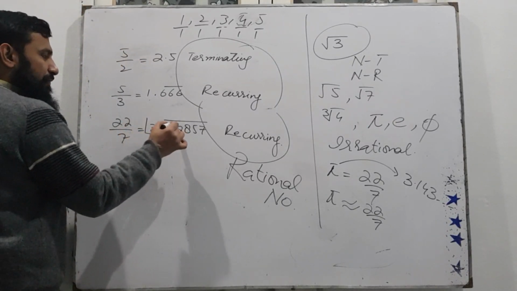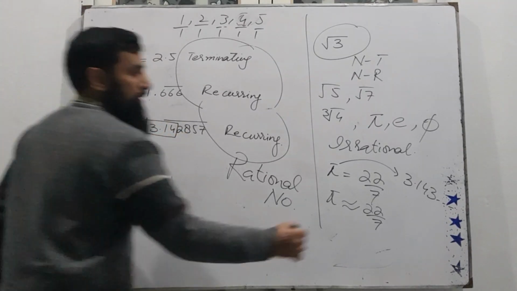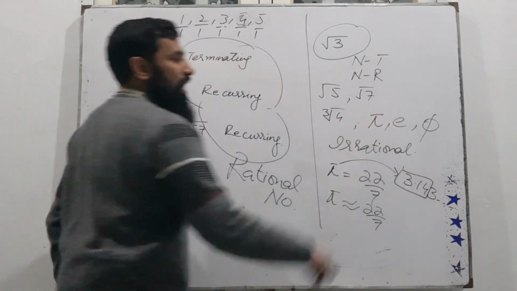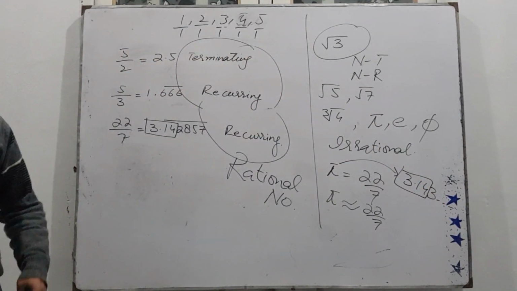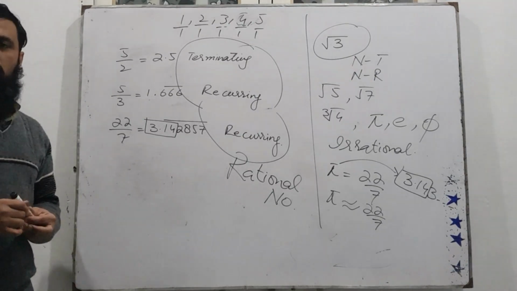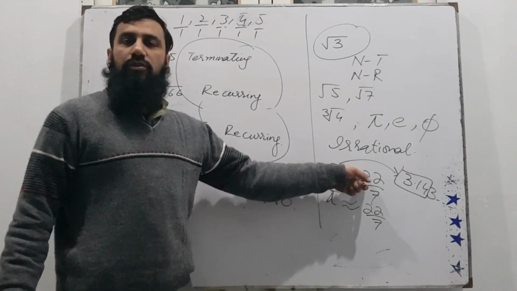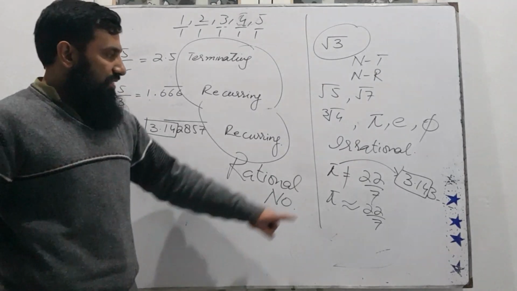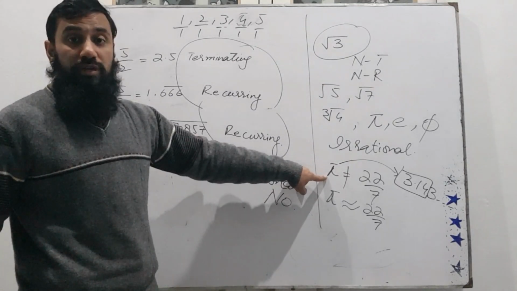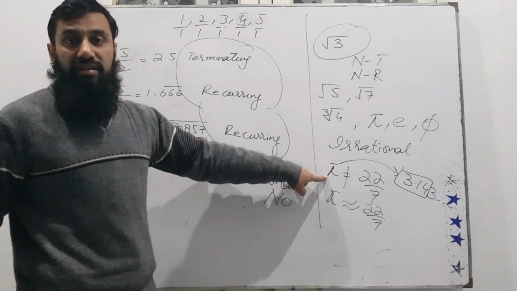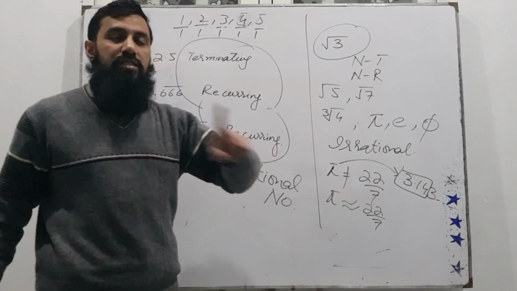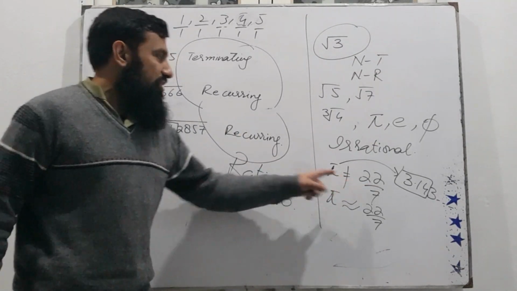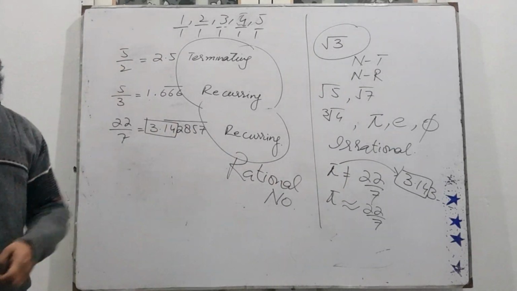You will see the first three decimal digits are the same, so they use that value. But they are not the same values. Remember that. If they ask you what pi is, you will say it is an irrational number, but 22 by 7 is a rational number because it is a recurring decimal.